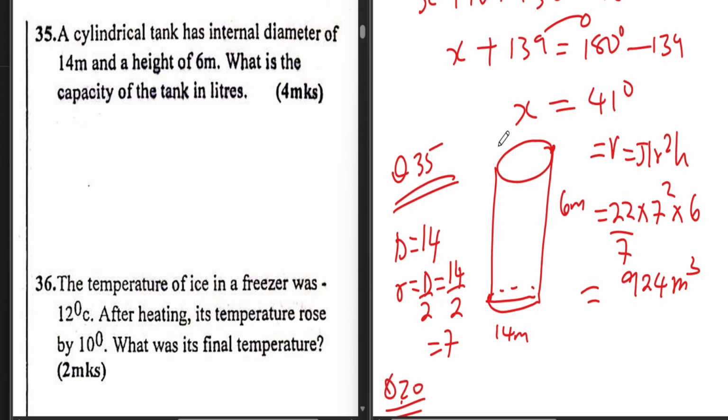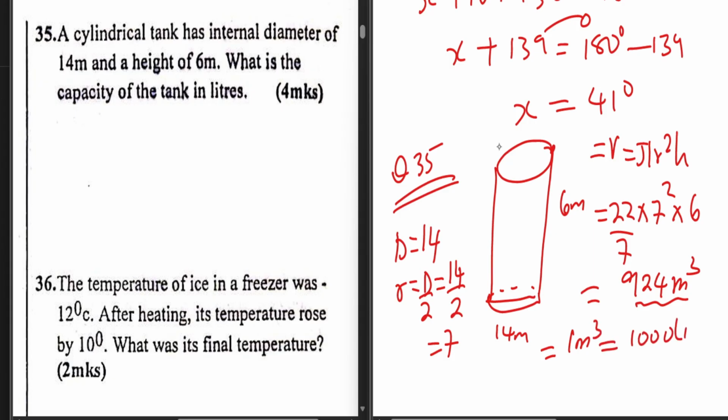So now once you get that 924 cubic meters, remember the question asks for the capacity of the tank. The capacity in terms of liters, you need not answer it in terms of cubic meters. So 1 cubic meter is equal to 1,000 liters.